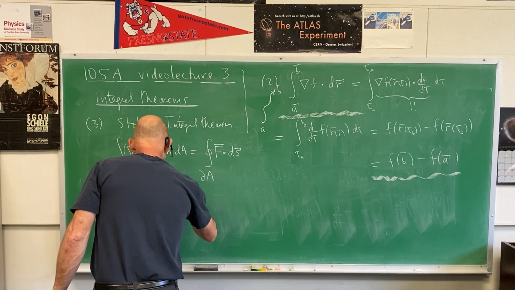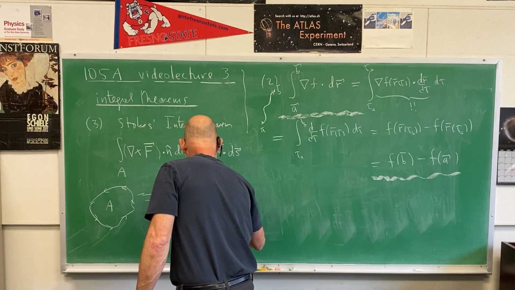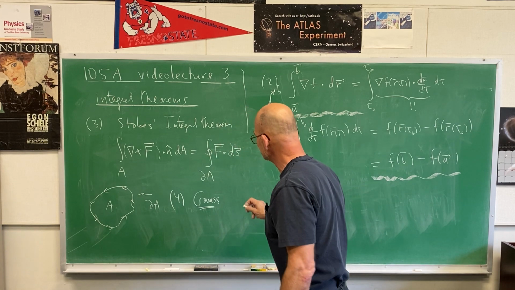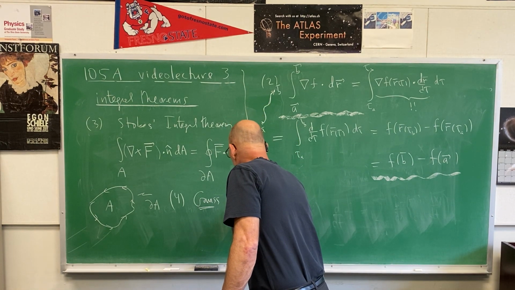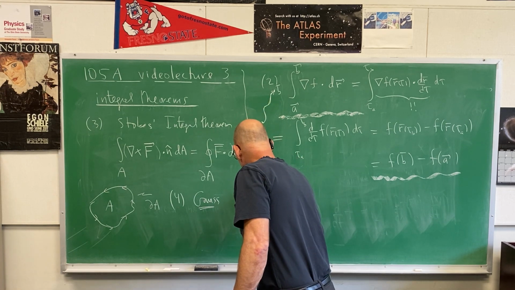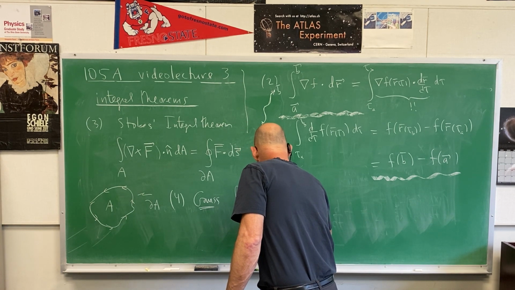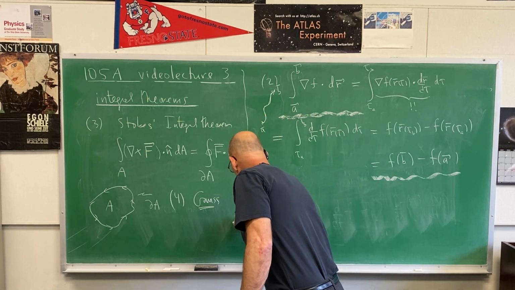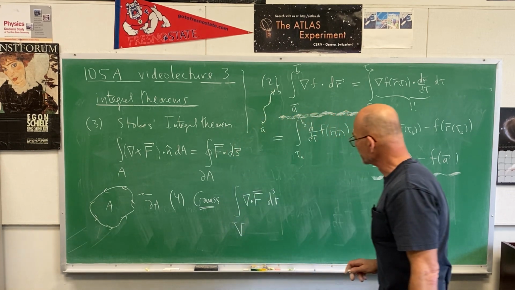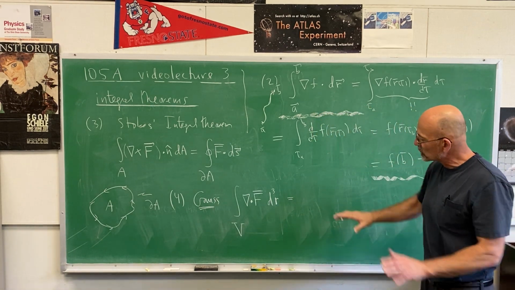Finally, I'll just write down Gauss's integral theorem. And that would be, so again, the integral over a derivative, so this time it's the divergence of f dot volume, so I'll call d3r, that's a volume, and we'll say it's integrated over volume, and that's equal to the value of the function on the boundary.